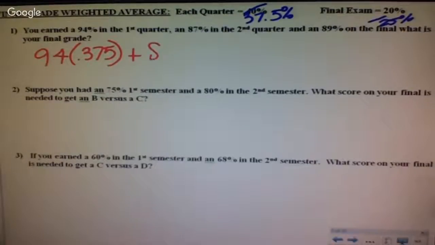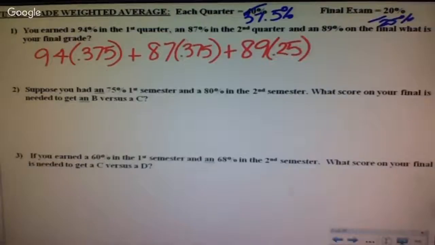And then you get an 87 in your second quarter. That's also worth 0.375. And then you get an 89 on your final exam, and that's 0.25. What grade would you actually get in class?